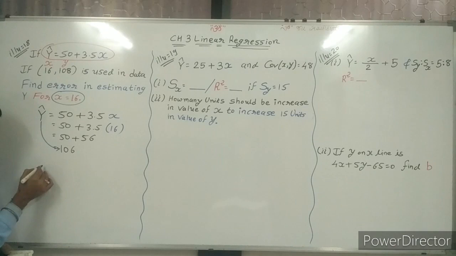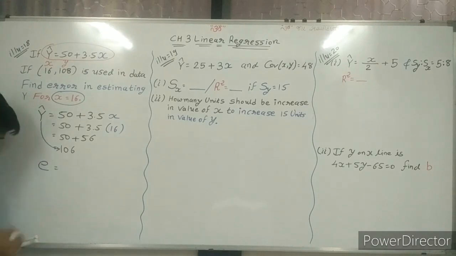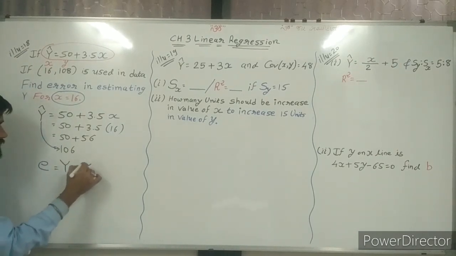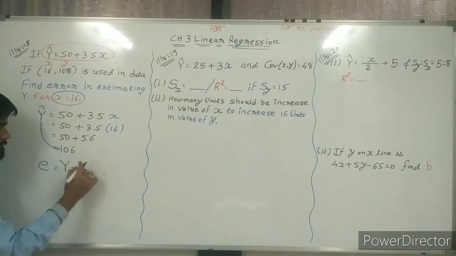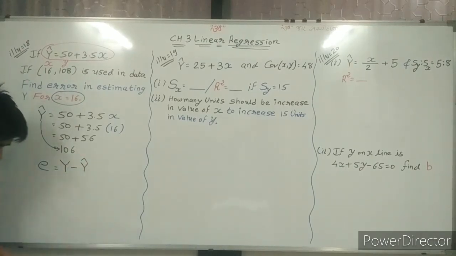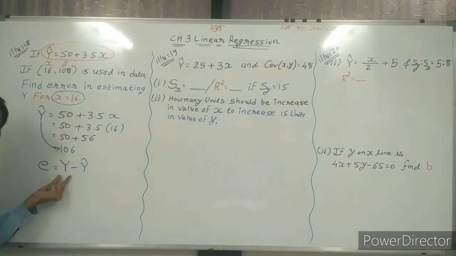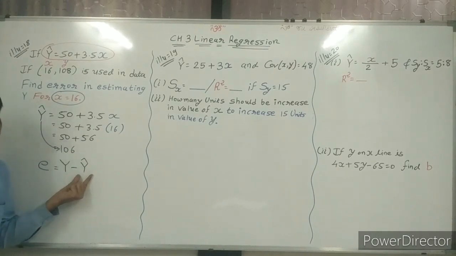Sir, error means e. And the formula of error is y minus y cap. This is the original value of y and this is the estimated value of y, because y cap is there.